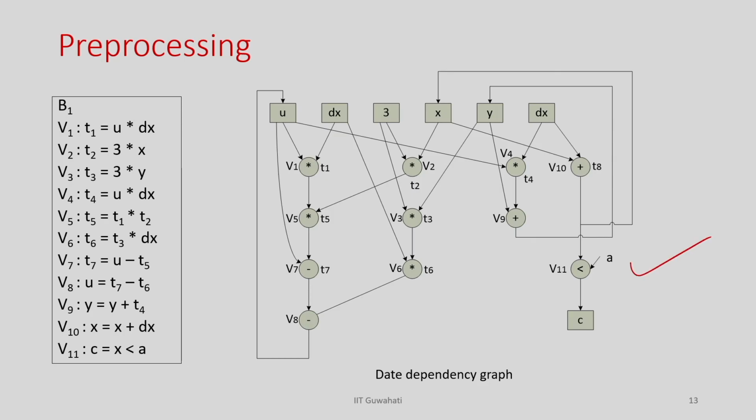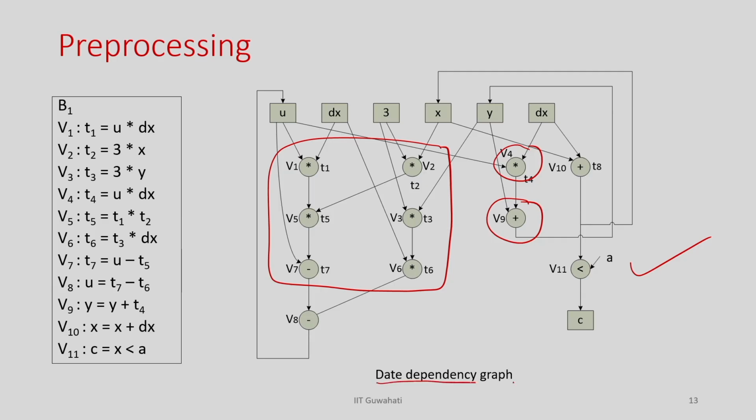So, this data dependency dictates what operation is to be executed in which time step. It makes sure that this operation V8 will not happen in clock 1, it can only happen when all these operations are completed, right. This V9 cannot execute before V4 is done, then only I can do V9. Okay. So, this is what is called the data dependency graph.